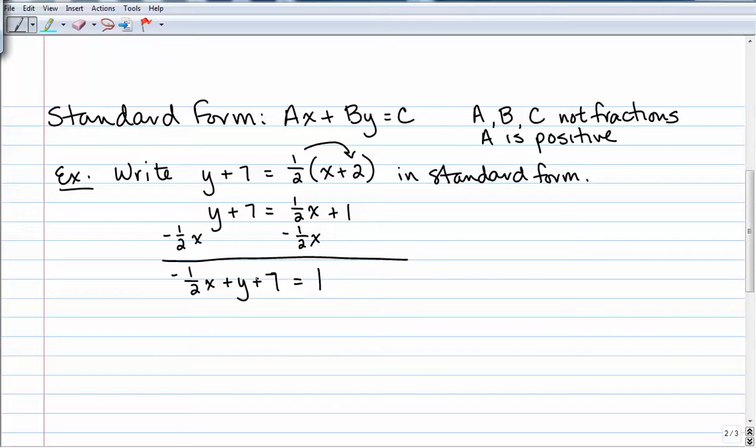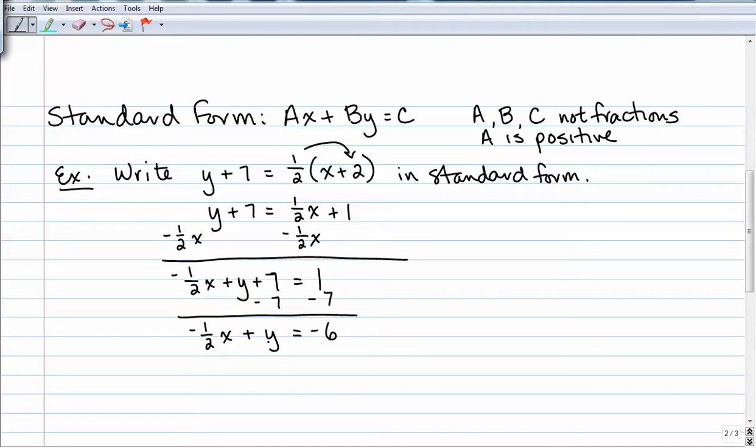Now I need to get this 7 over on the other side, because I can only have terms with x and y on the left. So I'll subtract 7 from both sides. And that leaves me with a -1/2 x plus y equals -6, because 1 minus 7 is a -6.